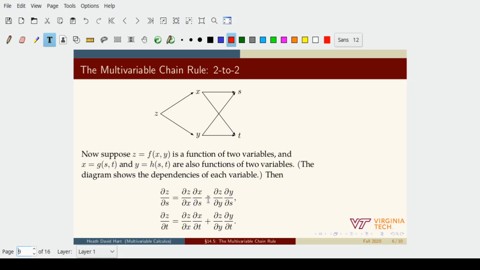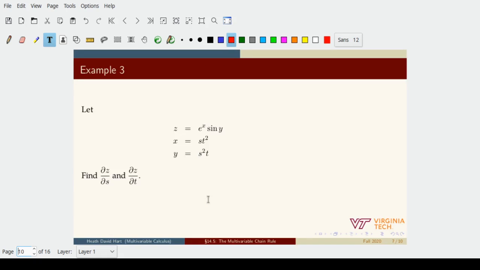So let's try an example of a 2x2 chain rule this way. Okay? So z is dependent on x and y, x is dependent on s and t, y is also dependent on s and t.